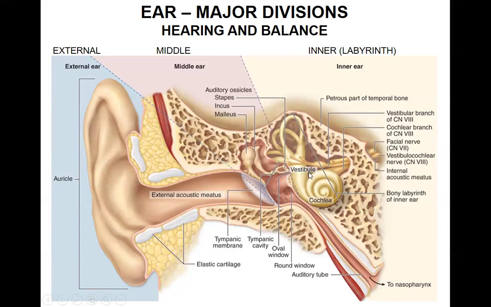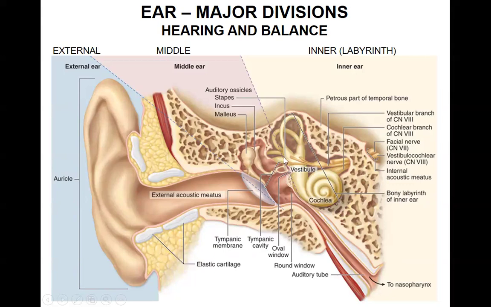One contains the vestibule and the semicircular canals. The vestibule contains the utricle and the saccule, and the semicircular canals are in a different region than the vestibule. And the other part is the cochlea.